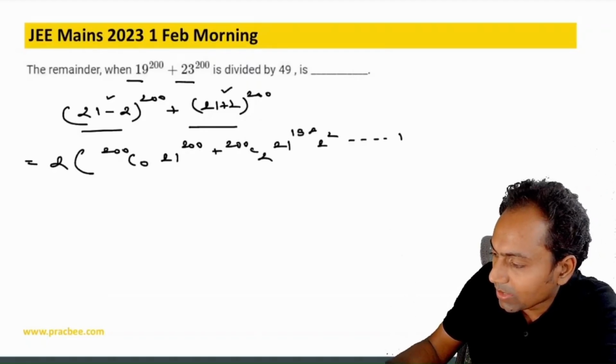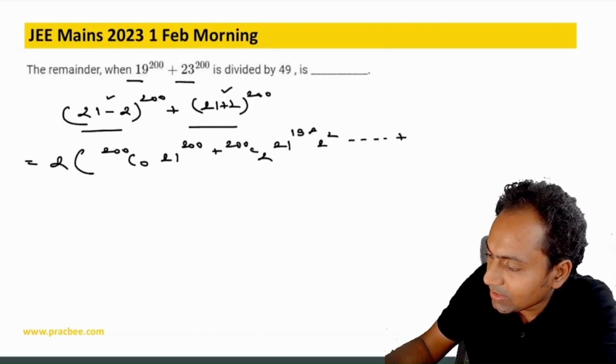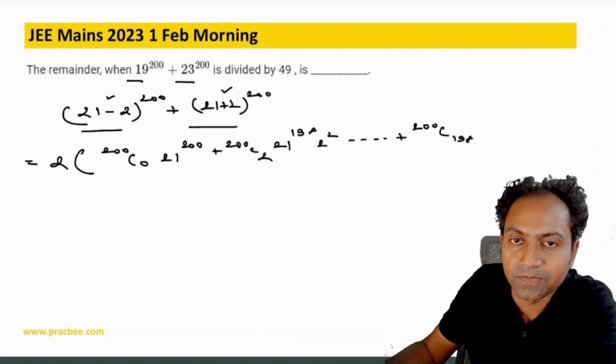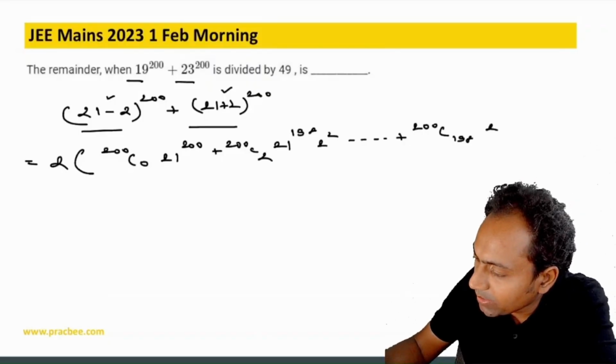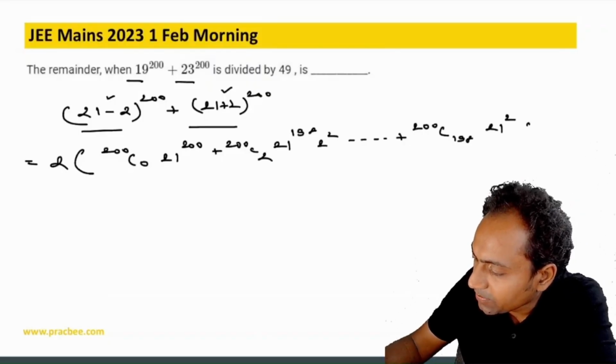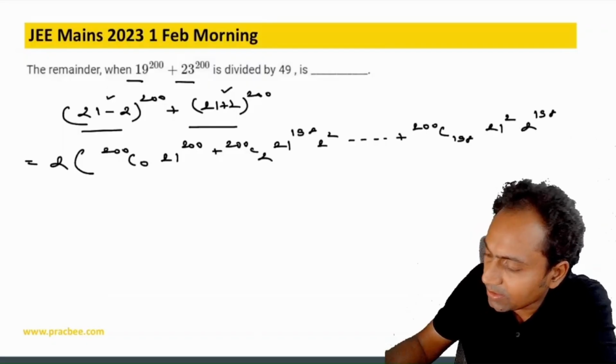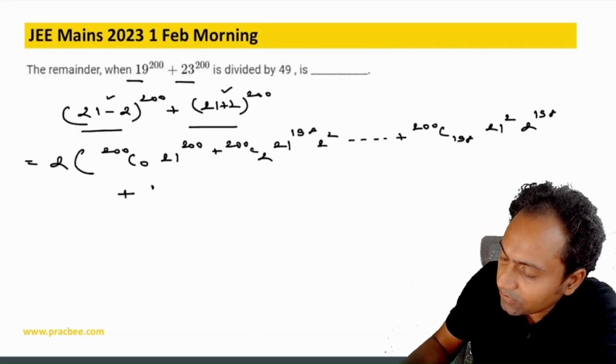It will keep on going like this, and the second last term will be 200C198 into 21 squared into 2 raised to the power 198, and then the last term will be 200C200 2 raised to the power 200.